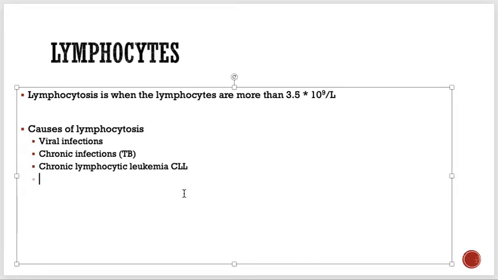So chronic lymphocytic leukemia is the one in which there will be an increase in lymphocytes, as well as lymphomas. I'm sorry for this disturbance, but lymphomas are also a type of blood cancer. So these are the causes of lymphocytosis.